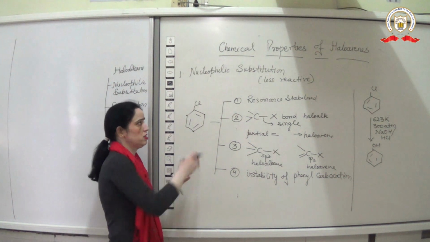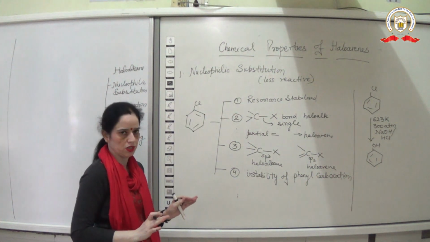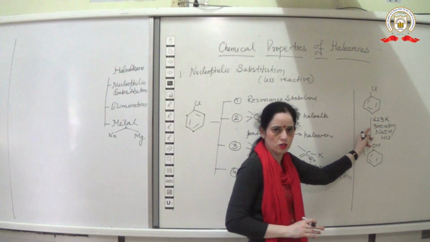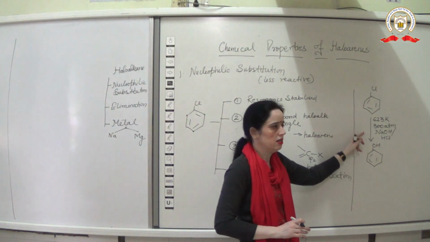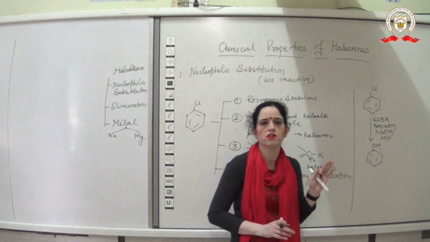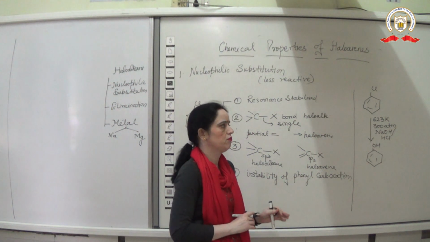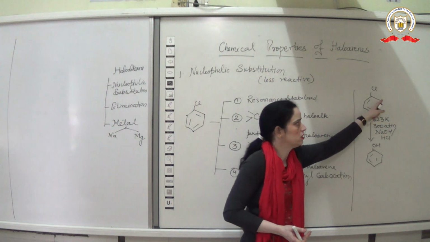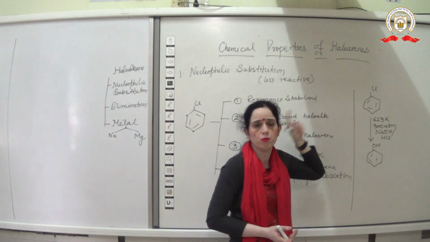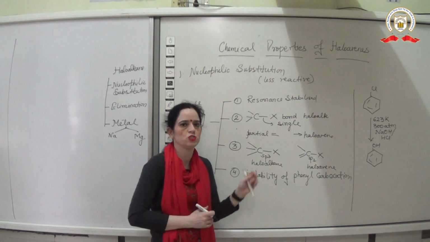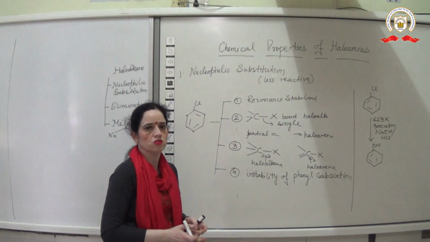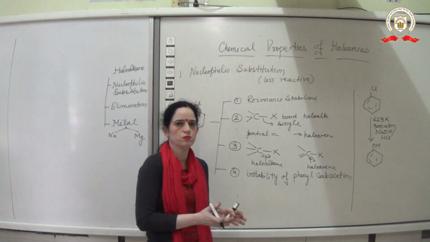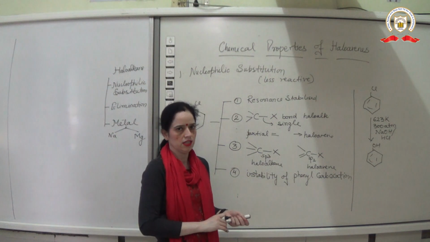So the main thing is, in normal condition the Cl cannot be substituted, but in vigorous condition, that is 623 Kelvin, 300 atmosphere, NaOH and HCl, it can be substituted, giving rise to phenol. But if we want the condition to be mild, then we have to block these ortho and para positions, because these positions are rich in electrons. So the nucleophiles get a lot of repulsion from these positions. Blocking these positions makes the nucleophilic attack easier.